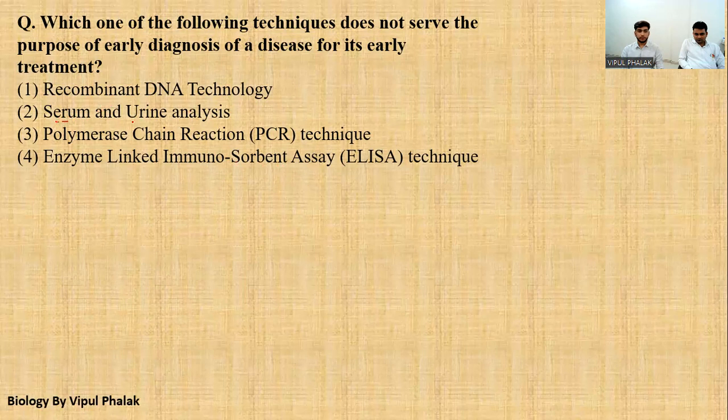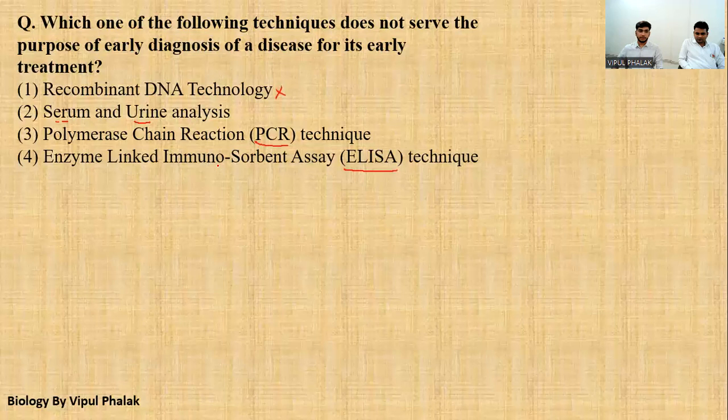Here, serum and urine analysis we use for diagnosis. Polymerase chain reaction is also used, and ELISA is also used. Recombinant DNA technology is not used for diagnosis of disease. Rather, we use this recombinant DNA technology to genetically modify some plants. For example, Flavr Savr tomato, which we obtain from the recombinant DNA technology method. So these are correct.